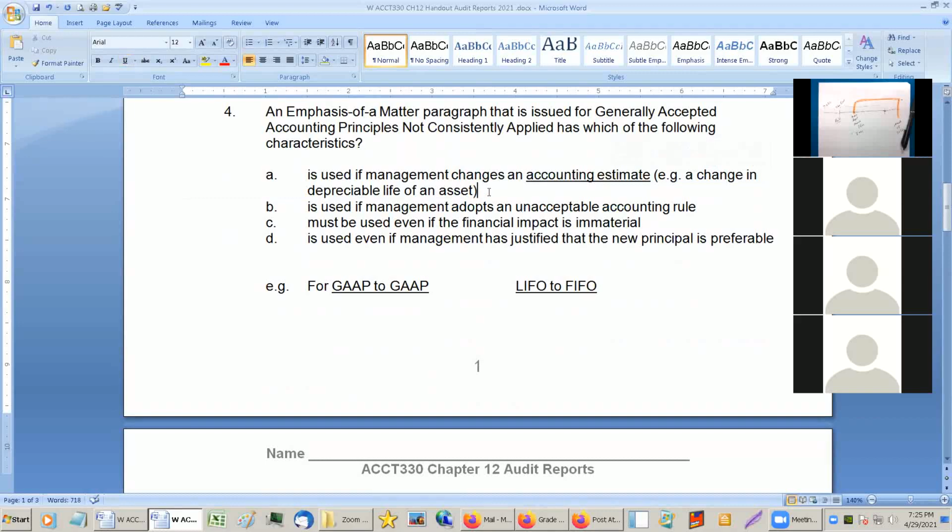So if you have a piece of equipment that you thought was going to last for 3 years and it lasts for 6, that's a change in estimate. That's not an accounting rule. So which one of these following 3 do you think would probably be the one that would apply to this emphasis of matter?